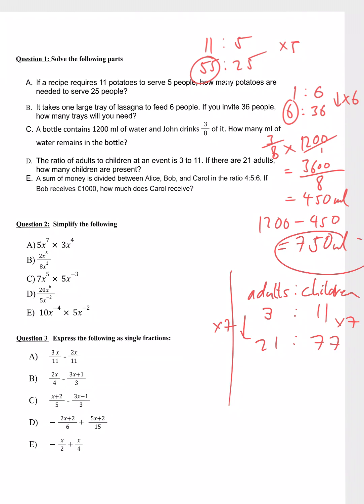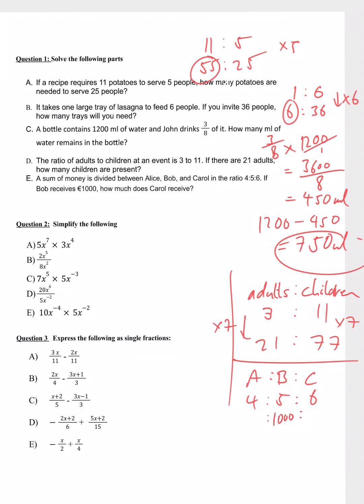Money divided Alice, Bob and Carol in the ratio 4 to 5 to 6. So again, down here, Alice, Bob, Carol, ratio 4 to 5 to 6. Bob receives 1,000 euros. How much does Carol receive?